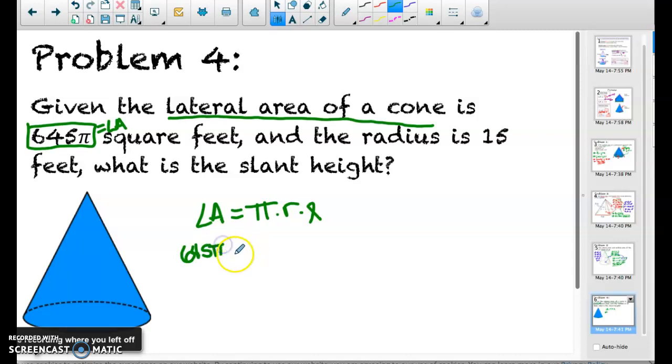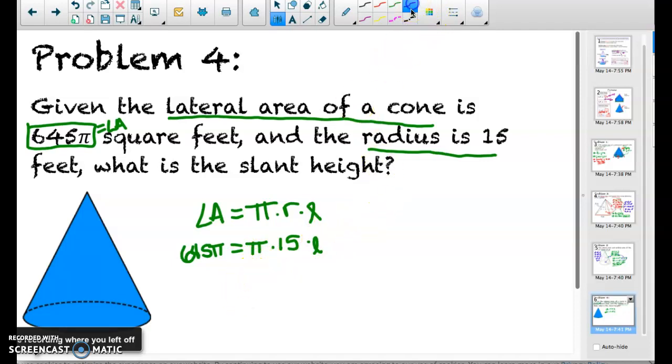So I've got 645 pi is equal to pi times radius. Let's read through the rest of the words here. It says the radius is 15. So I'm going to replace radius with a 15 times slant height. It says what is the slant height? So I don't know that slant height. I'm going to replace that with a cursive L again. And now I get to solve.